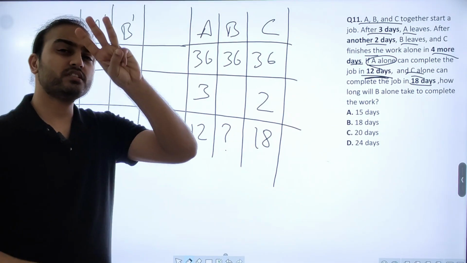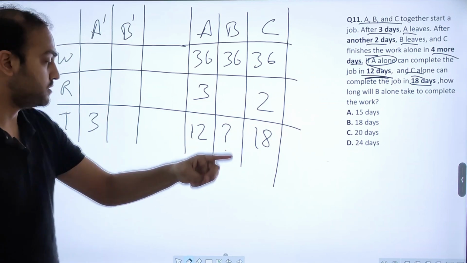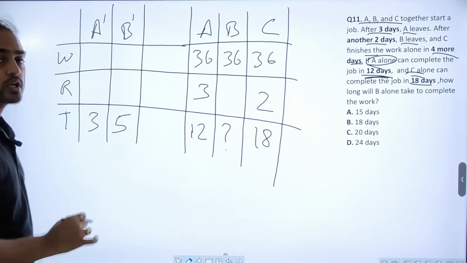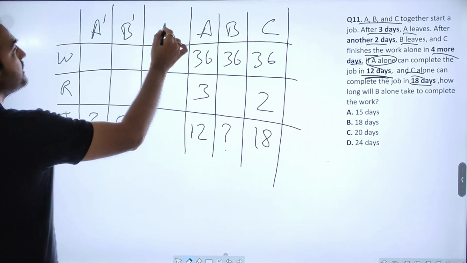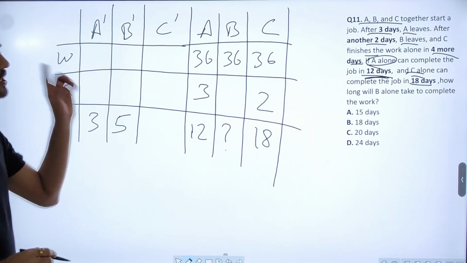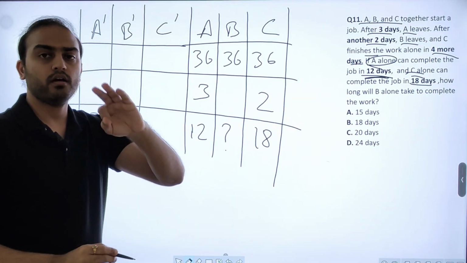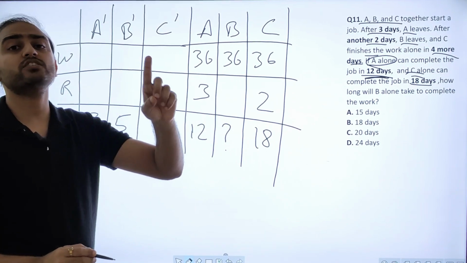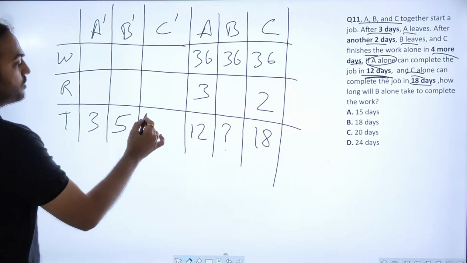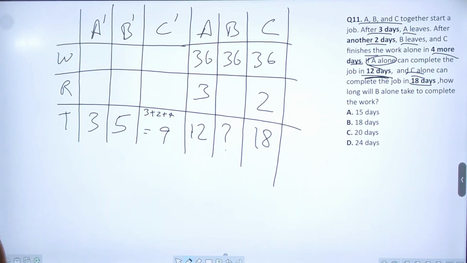So B worked for first 3 days when A was also there, then worked for 2 additional days. So B worked for a total of 5 days. And finally C. C worked for the entire duration. First 3 days with ABC, next 2 days with B, and then finally last 4 days when he was working alone. So that is 3 plus 2 plus 4, a total of 9 days.